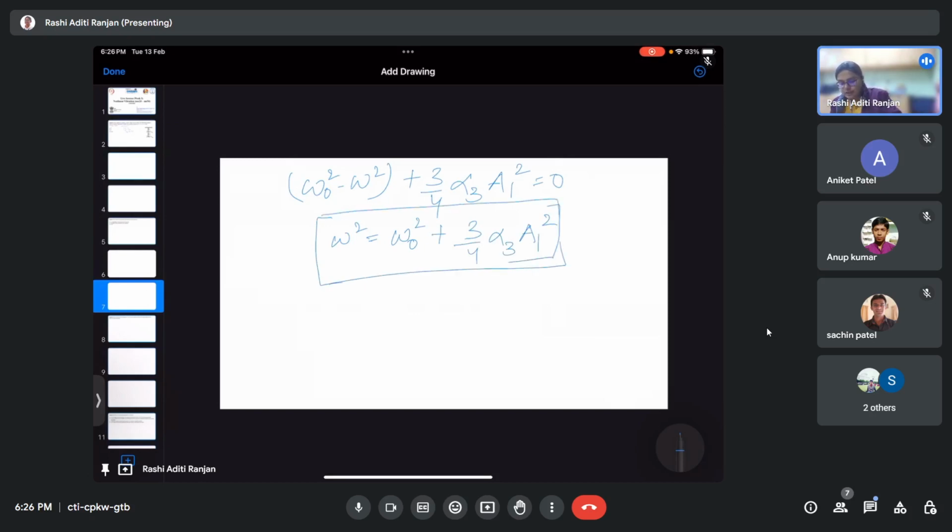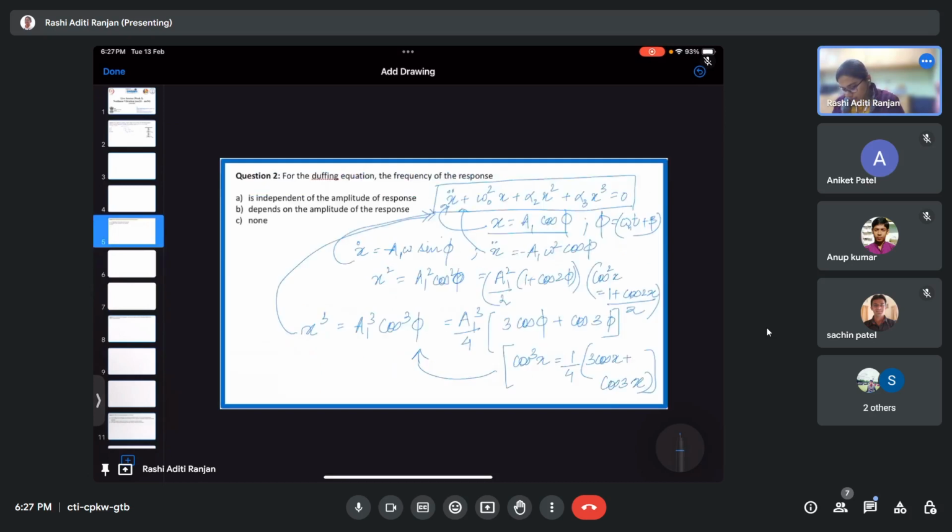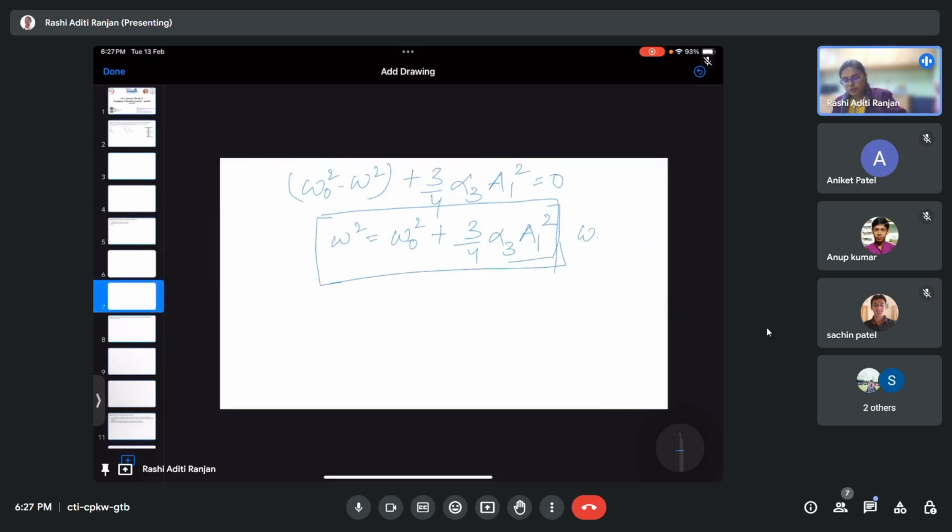So what does this expression tell me? I have written omega naught here, so your omega naught is equal to omega n. It means that this omega, which is the frequency of the response, is dependent on our amplitude. Can you see it? If a1 is going to change, omega is going to change.